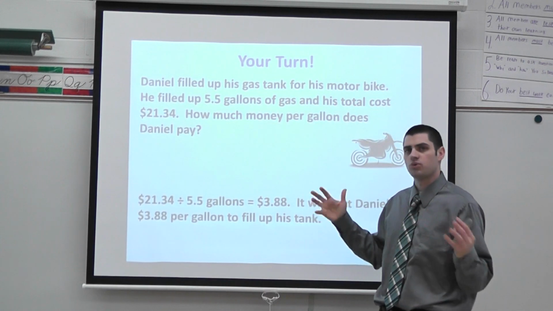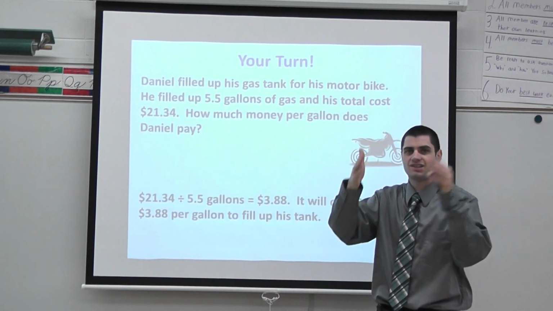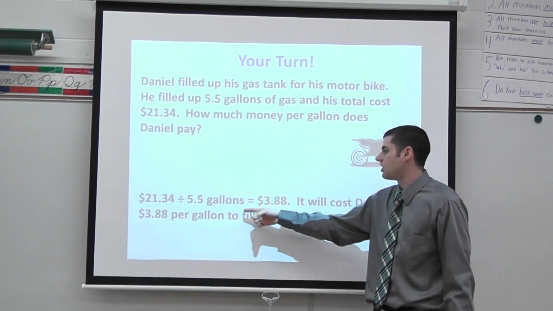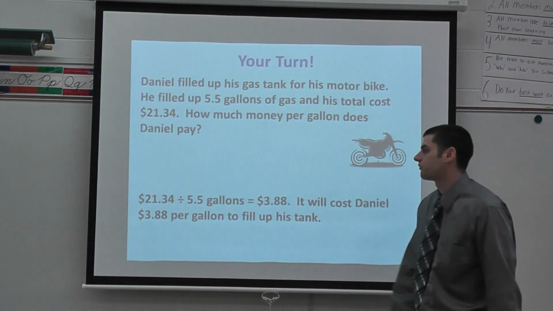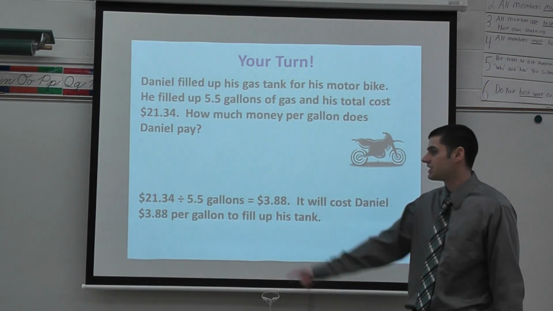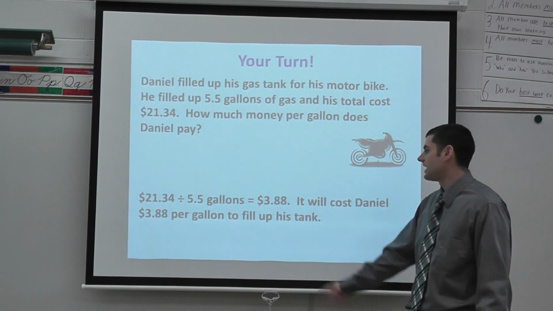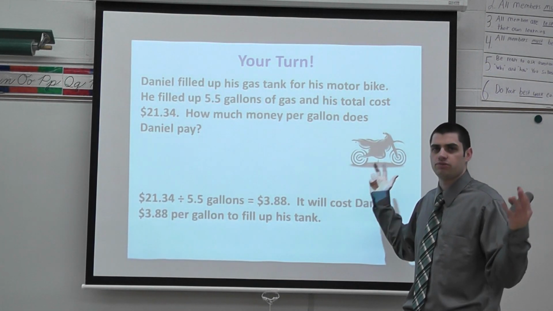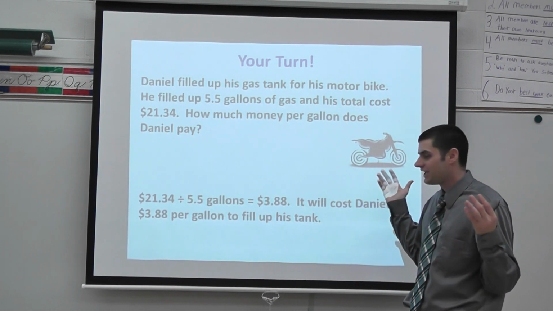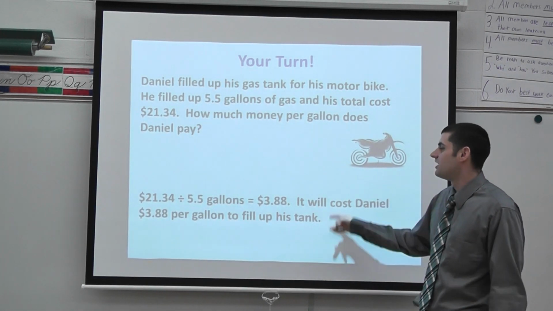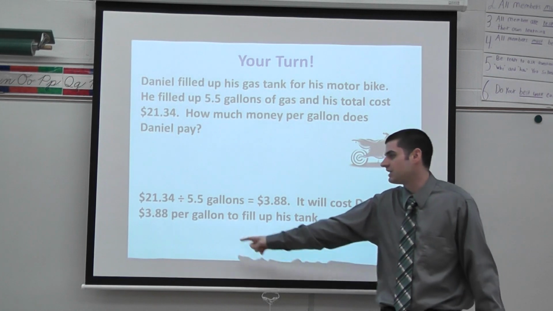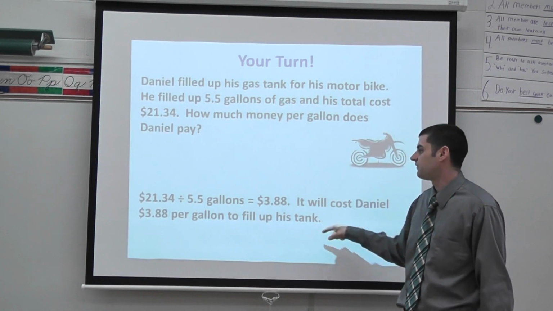I took the price divided by the gallons. So when I divide $21.34 by 5.5 gallons, it's going to equal $3.88. Well, what does $3.88 stand for? That tells me it's going to cost Daniel $3.88 per gallon to fill up his tank.